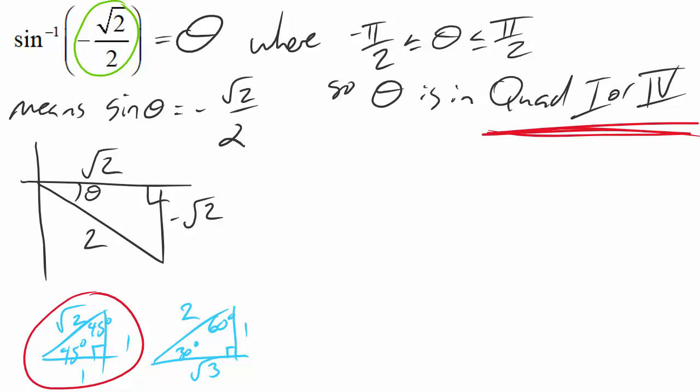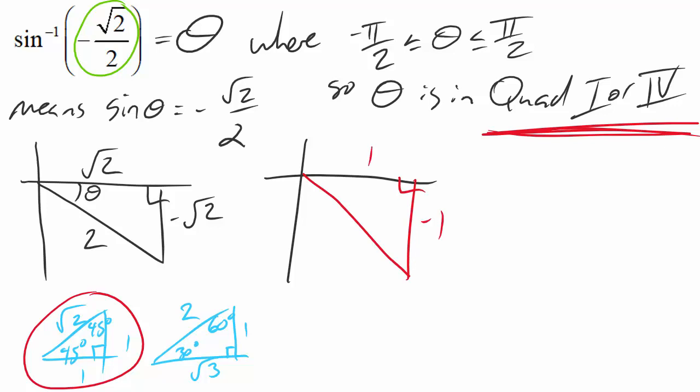If we go back to our 45-45-90 triangle with our typical arrangement of sides, and we're still in quadrant 4, so our y value, the leg coming off the x-axis, is a negative value, so that'll be a negative 1.